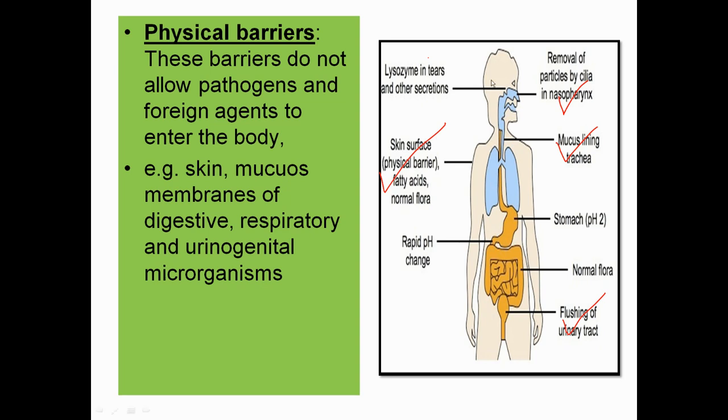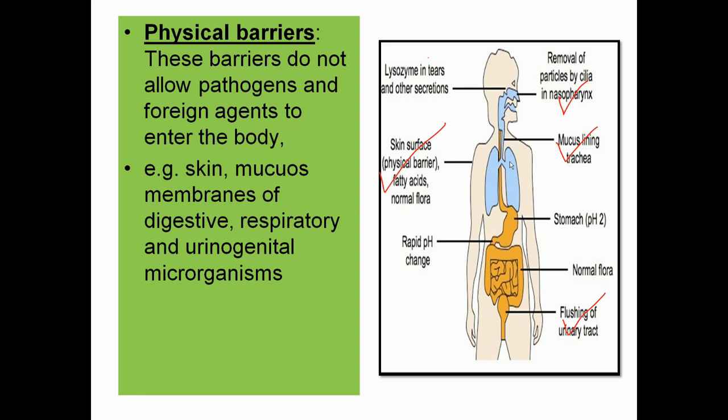It is a kind of physical barrier, and in the case of mucous lining, you can see that the whole digestive tract is protected with the help of mucus, which is going to kill any sort of pathogen. Mucus lining is also present in your nostril and your trachea, and that is going to protect your body. Now come to the urinogenital microorganisms.